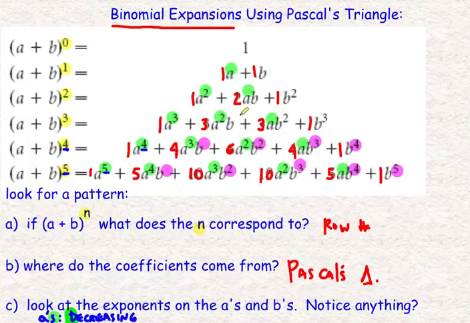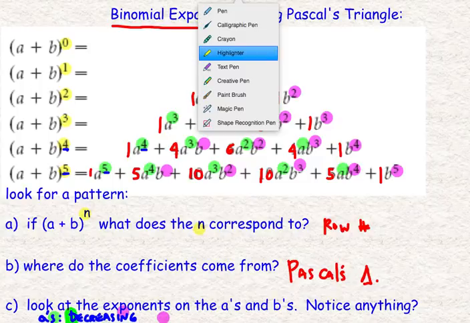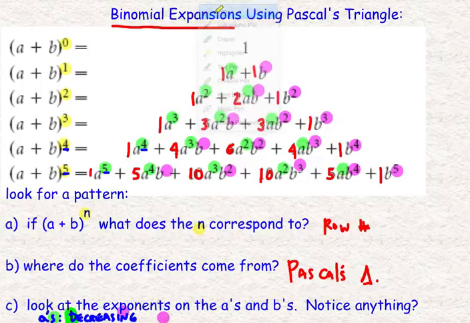So you might be able to see that the B exponents are increasing. Okay, so I'm going to write that down here. The B exponents are increasing.